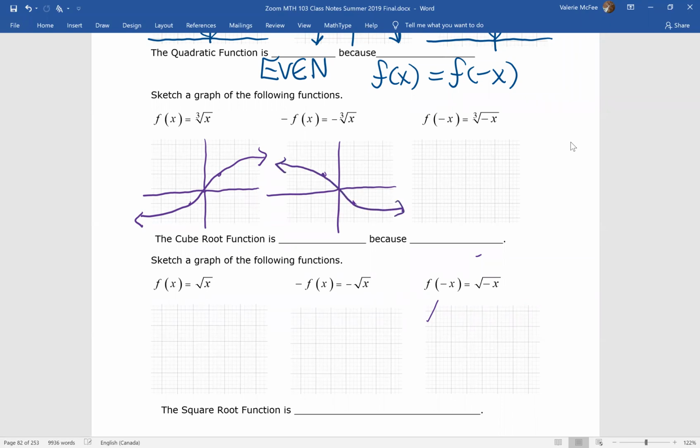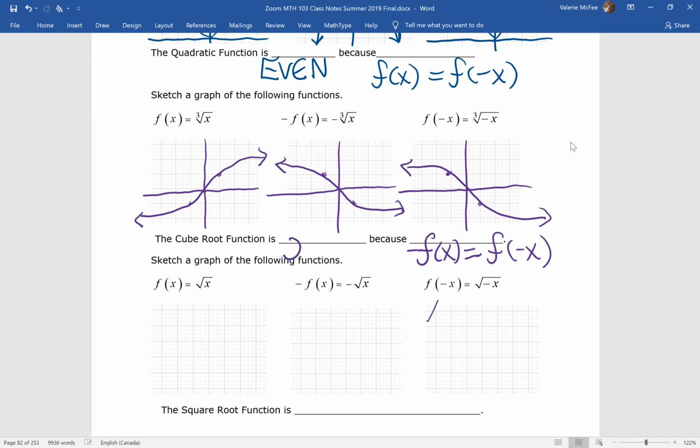The negative inside means it was a reflection across the y-axis. And we notice that negative f of x equals f of negative x. That reminds us that the cube root function is an odd function.